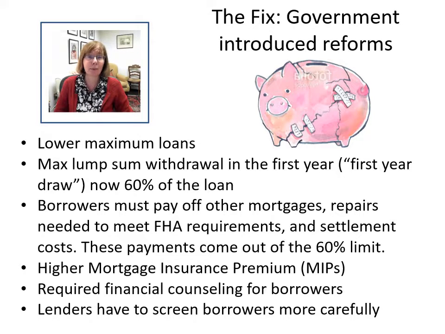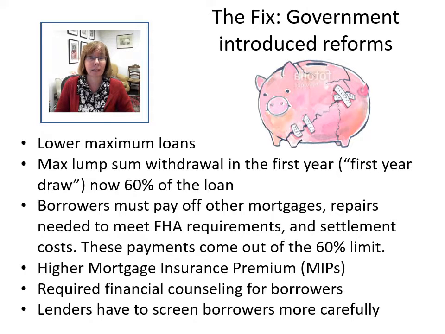Second, there's a limit on how much of the mortgage you can take out in the first year. That's to deter people from blowing it all at once. And third, the borrower is required to clear all other debts on the property and to bring the property into good repair. Now that does decrease how much the borrower can borrow.